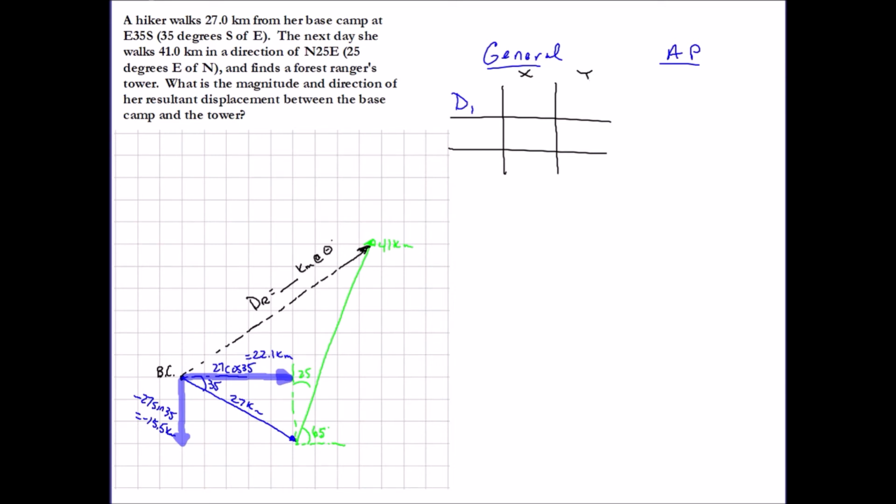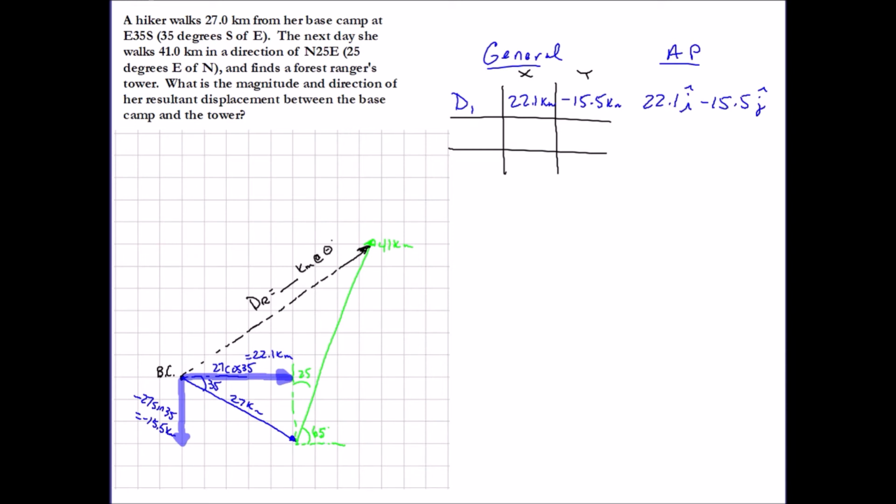And so what we found for d sub 1 is that it has two components of 22.1 kilometers in the x direction and a negative 15.5 kilometers in the y direction. Now in my AP class, I simply write that as 22.1 i hat minus 15.5 j hat, where again i hats and j hats are just unit vectors that point either in the x or y direction, and so it's just a convenient way of organizing those components.